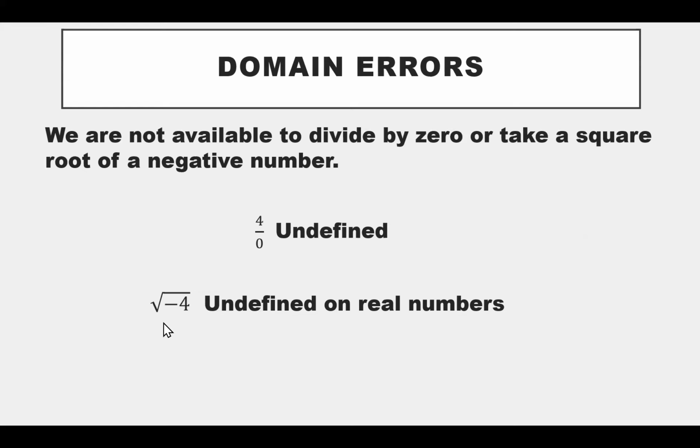When I take the square root of negative 4, for instance, that is undefined on the real numbers. We'll talk about imaginary numbers later, but if I want to graph something, I don't want a square root of a negative number or division by 0, since that's undefined.